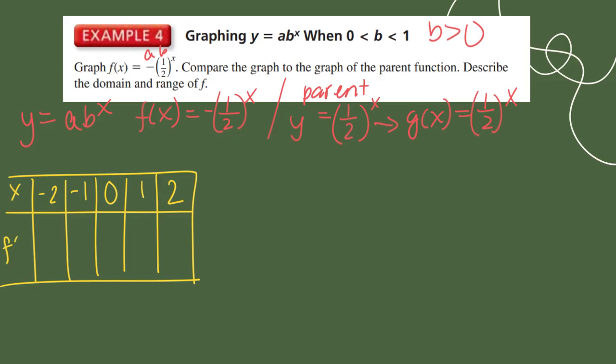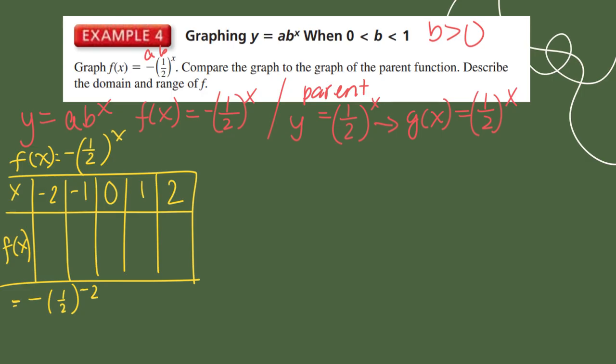And this is f of x. Remember, this is our new formula, which is negative half to the power of x. If we use negative half, we already know that this has to be translated completely, right? We have negative half to the power of negative 2.